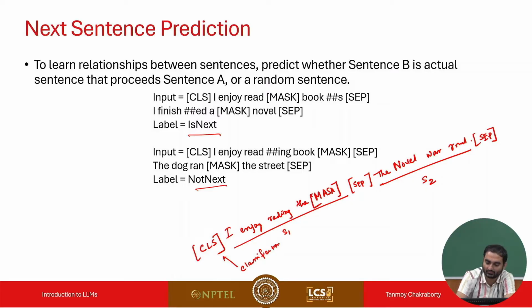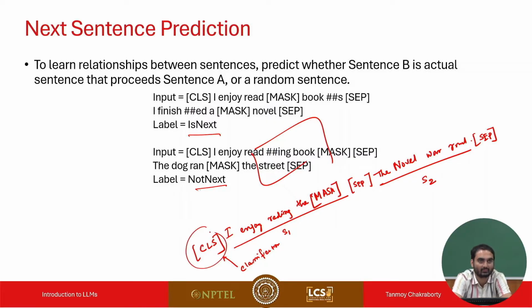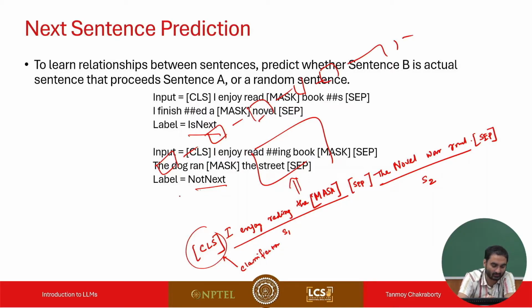So you feed this entire thing to the encoder block. What is the need of this CLS token? Let me first tell you what will happen after this. The model will predict the vectors at the end: the vector corresponding to CLS, the vector corresponding to I, and so on. And it will also try to predict this masked word.